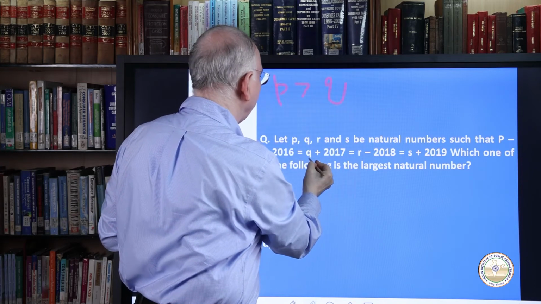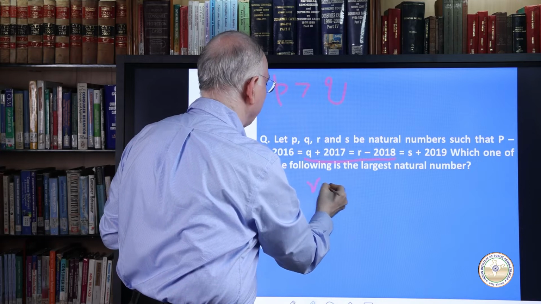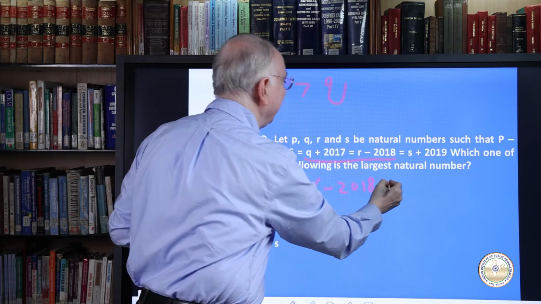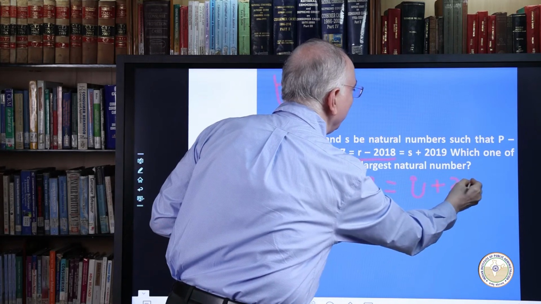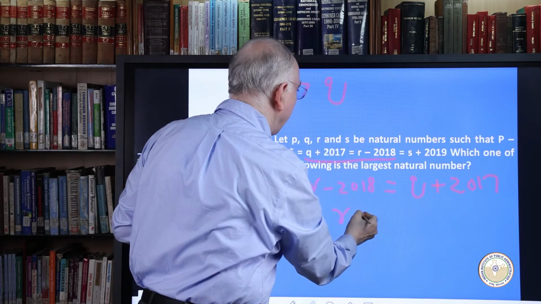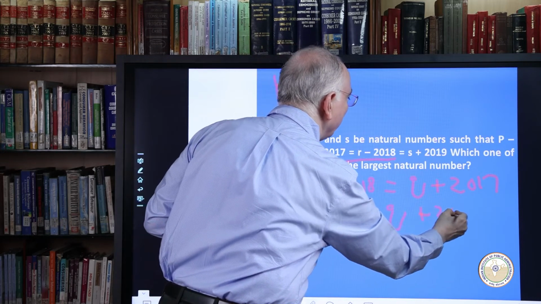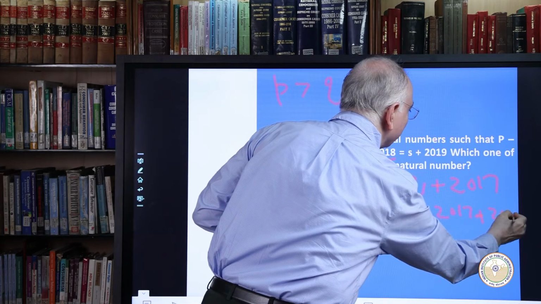Now let us look at this expression. R minus 2018 is equal to Q plus 2017. That also means R is equal to Q plus 2017 plus 2018.